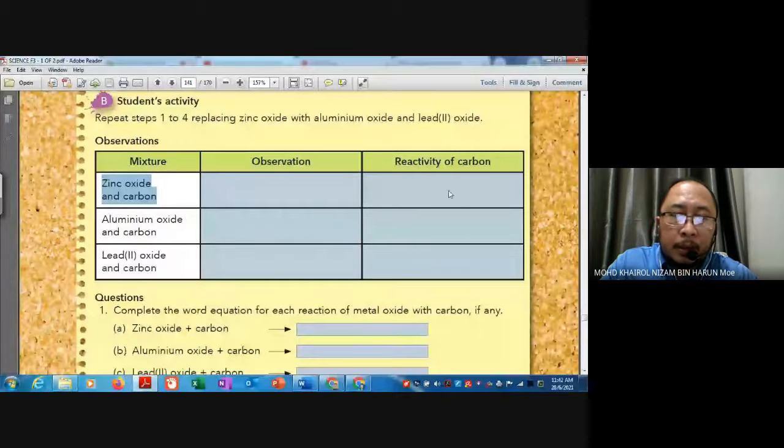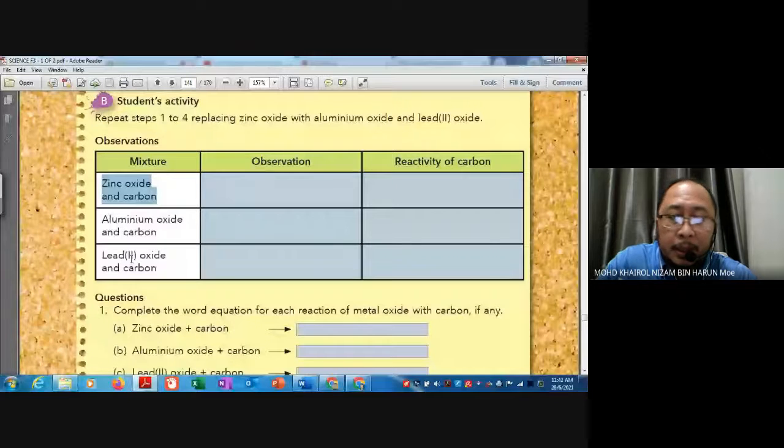Second activity, aluminium oxide and carbon. What we can observe is no reaction occurs, which means that carbon is less reactive than aluminium. Then the third activity, between lead oxide and carbon, we can see a reaction occurs, so we can conclude that carbon is more reactive than lead.